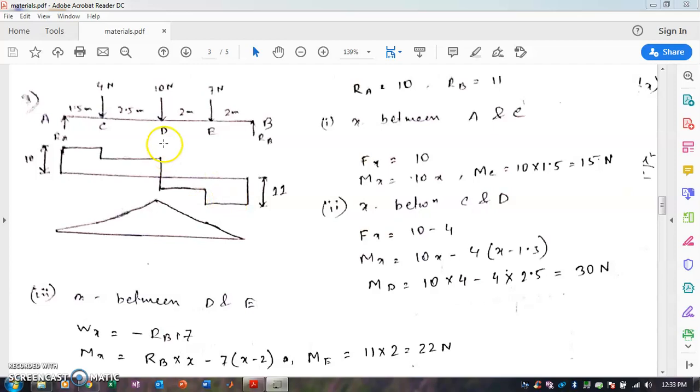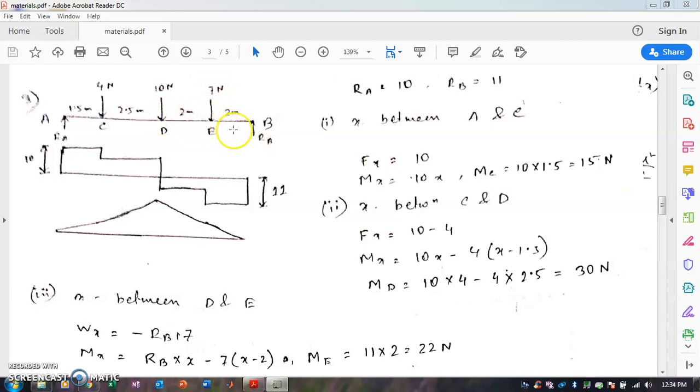Now what will be the bending moment? The bending moment at point E will be, from the right hand side, due to only RB. So RB into the distance 2 meter. RB is 11 and the distance is 2, so it will be 11 into 2, that is 22. When it crosses point E, it will be RB into this distance minus 7 into this distance.